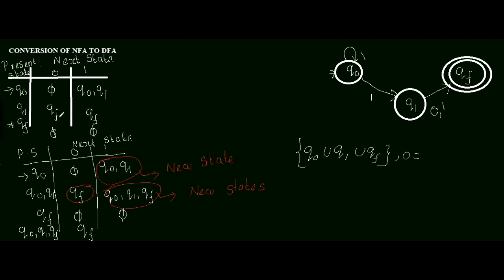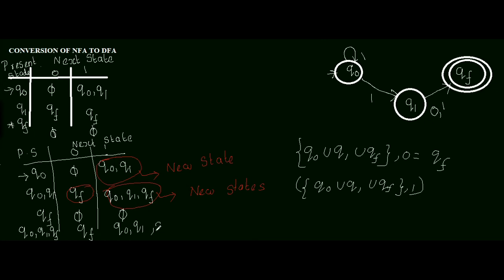So empty union QF union empty is QF. Now Q0 union Q1 union QF, if the input is 1, the next state is Q0, Q1 union, and along with that we will add QF and empty. So it will be Q0, Q1 and QF.